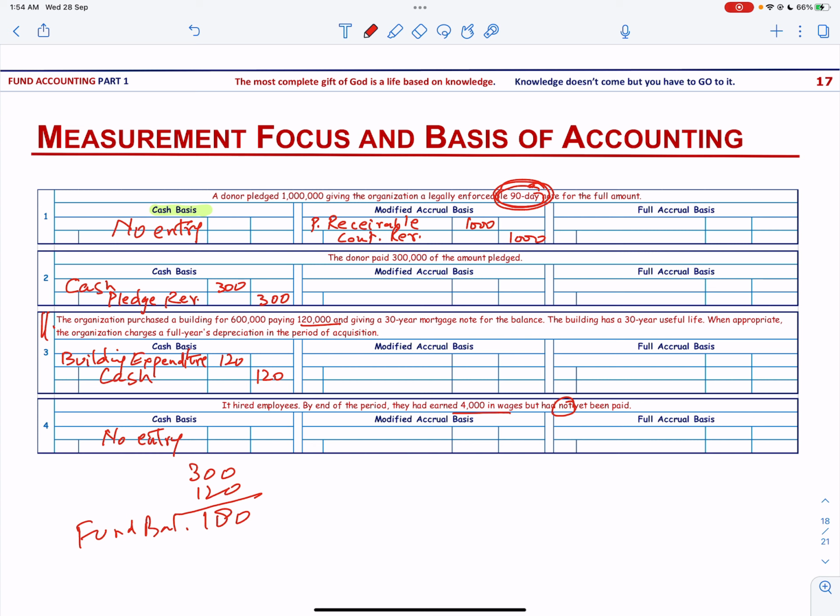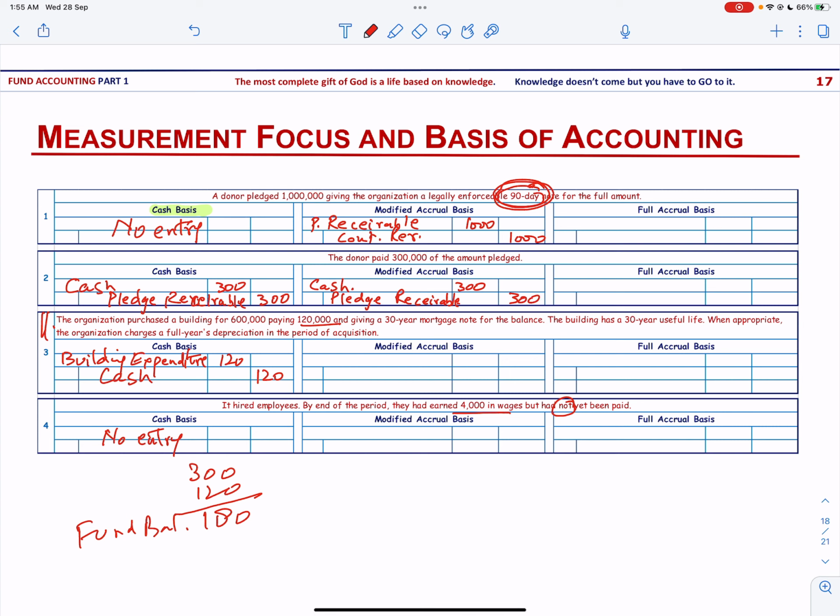Then the donor has paid 300,000, so cash is debit by 300,000 and pledge receivable is credit by 300.